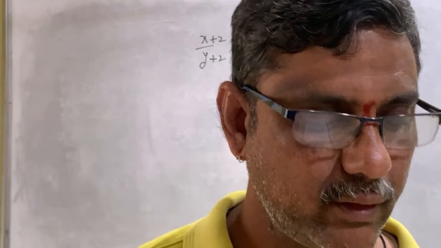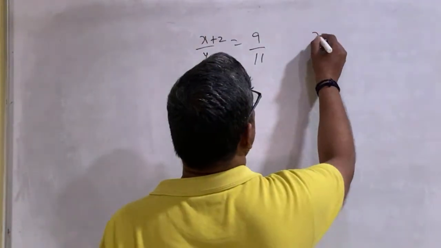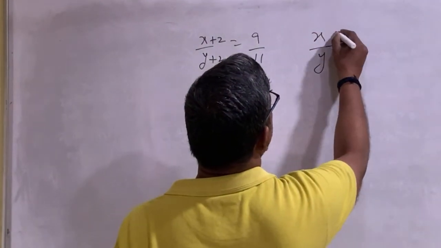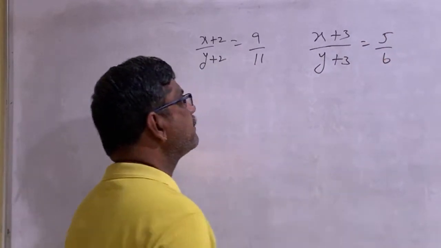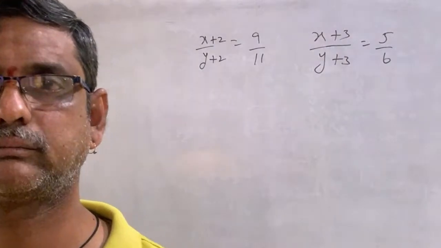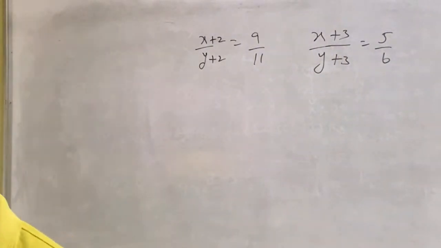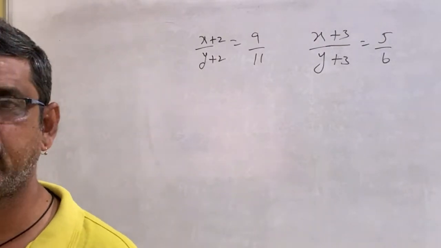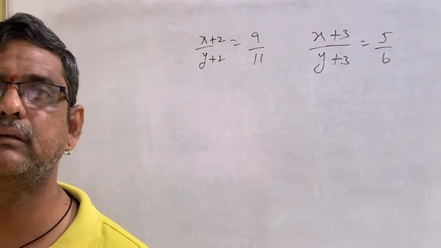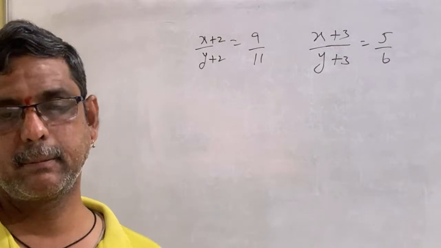If 3 is added to both numerator and denominator, it becomes 5 by 6.